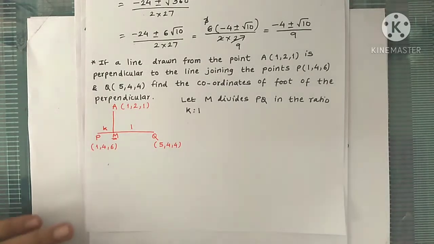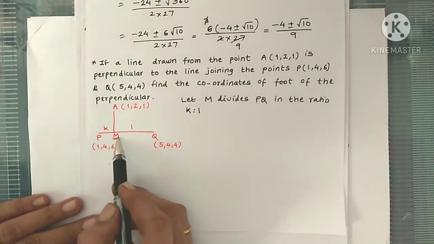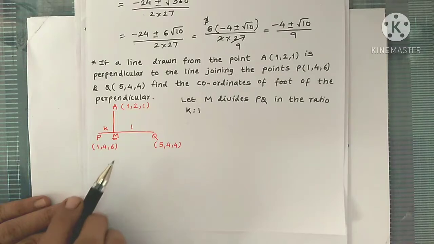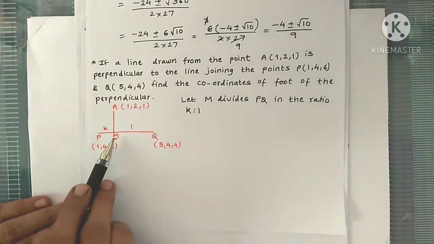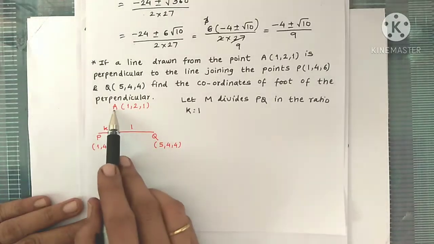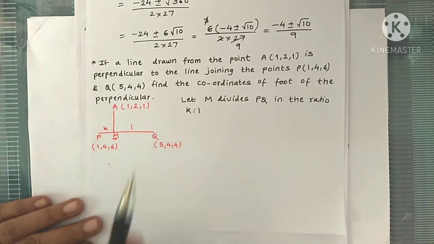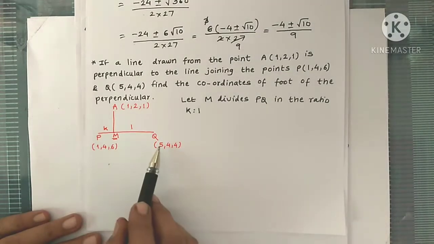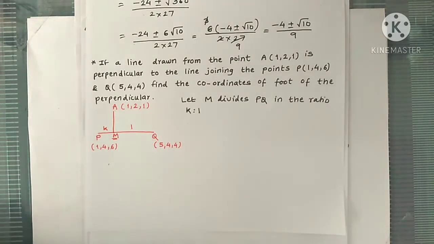So the idea here is we are writing M using the section formula, using the division k is to 1, and using the section formula we write the coordinates of M. Next, AM is perpendicular to PQ. We can find the direction ratios of PQ as P and Q are given, and as we write the coordinates of M using the section formula, we can find the direction ratios of AM.